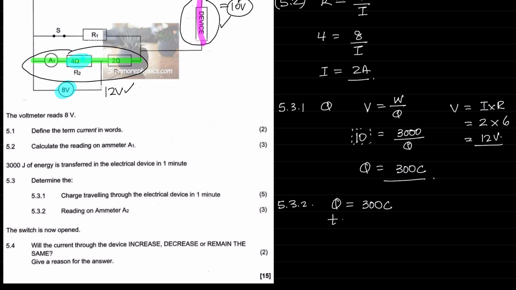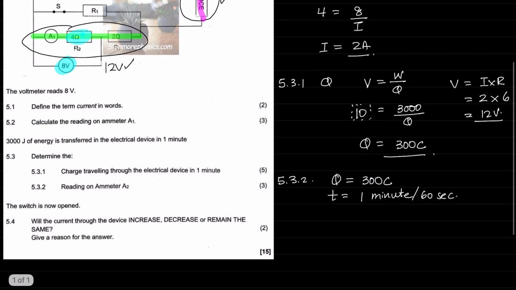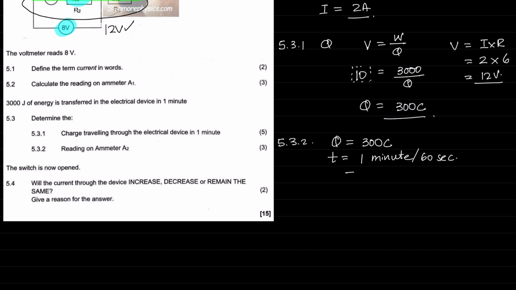We also know the time, which is 1 minute or 60 seconds. To calculate the current that's passing through it, we can say I is equal to Q divided by T, 300 divided by 60, which is 5 amperes.